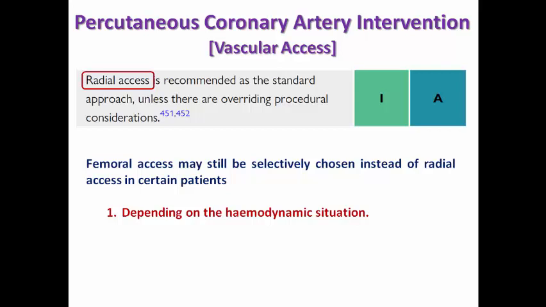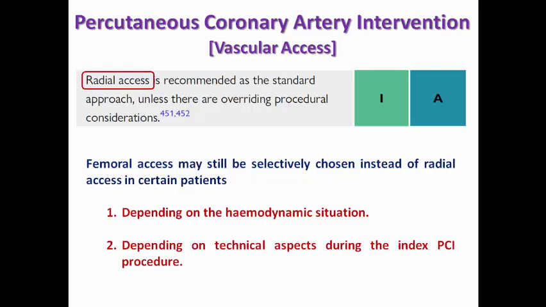In this case, femoral access is much easier and shorter in duration to undergo emergent revascularization. Also, depending on some technical aspects during the index PCI, for example bifurcational stenting, femoral access would be much easier and more convenient for bifurcational stenting and final kissing balloon inflation, but the rule is for radial access.